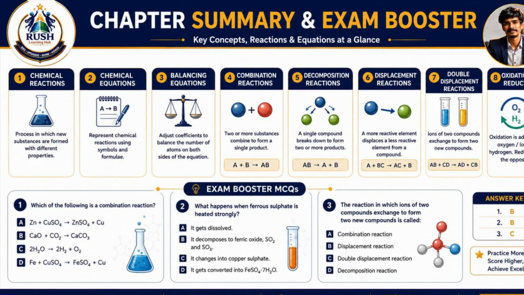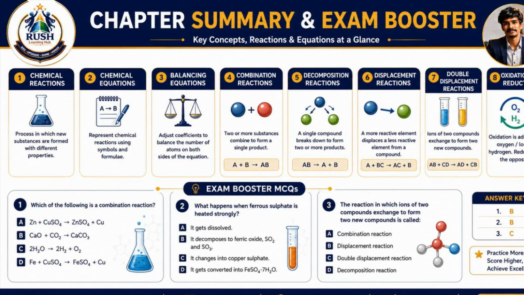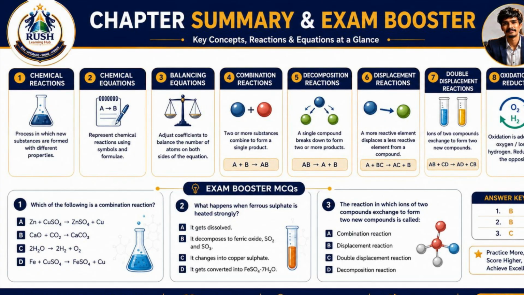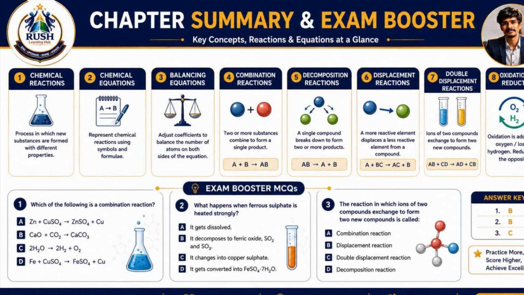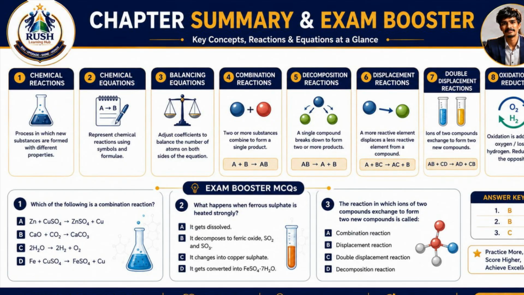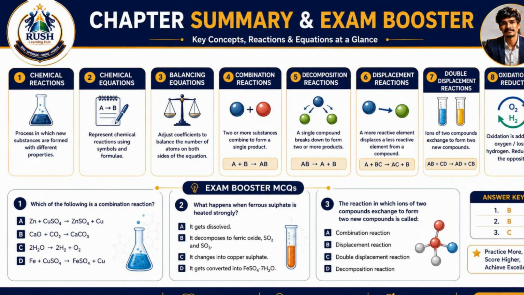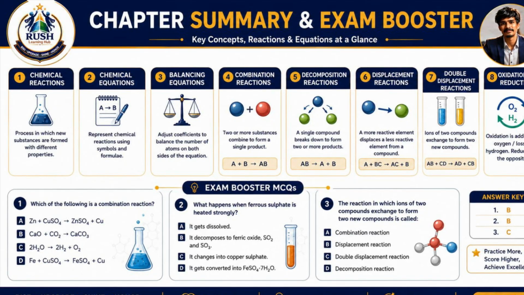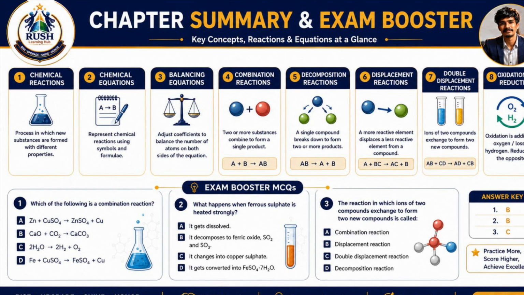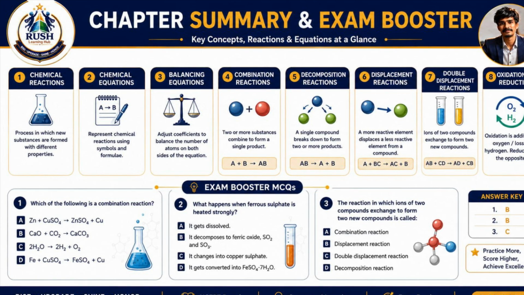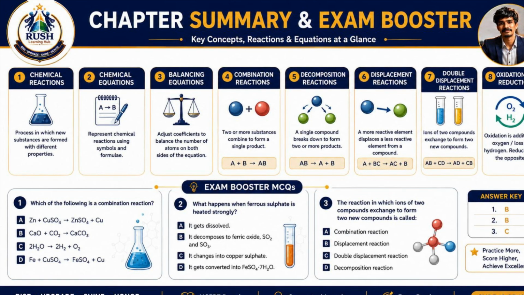In a combination reaction, two or more substances combine to form a single product. In a decomposition reaction, a single compound breaks down into two or more simpler substances. A displacement reaction occurs when a more reactive element replaces a less reactive element from its compound.